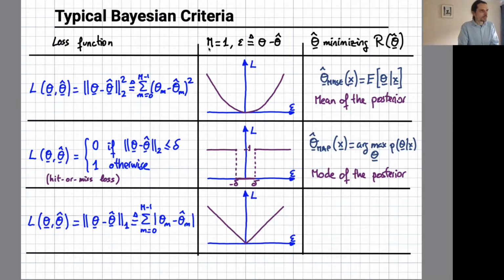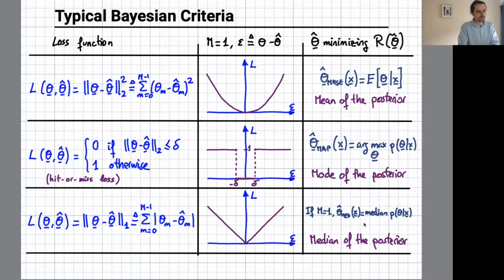In the case of only one parameter, we can plot this loss versus the error, and it will look in this way. It has a V shape, because it's an absolute value.